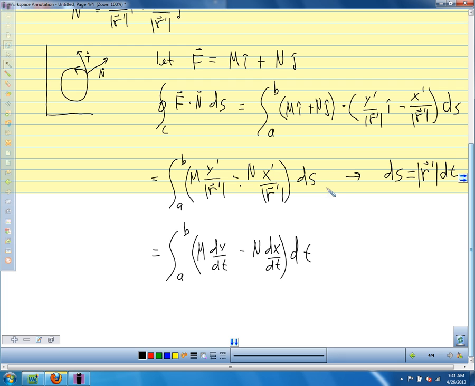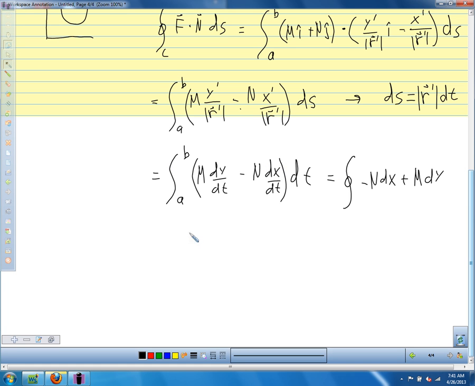X prime is dx/dt. So this equals the line integral around our closed curve of minus n dx plus m dy.